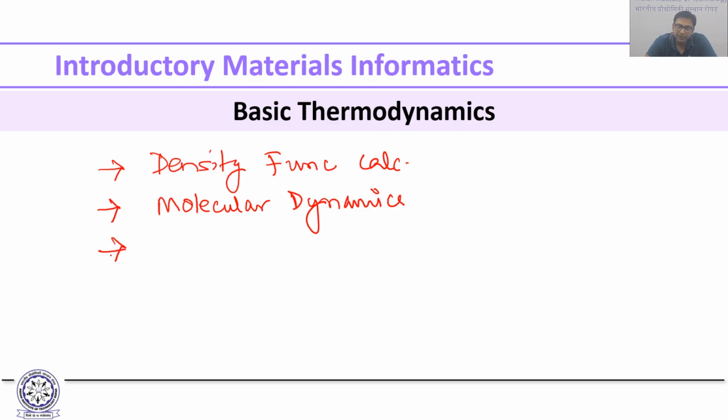So the fast approach to this is to start working with basic thermodynamics. When I say basic thermodynamics, there are a bunch of models like the Miedema model, or there are other, relatively more sophisticated thermodynamic formalisms like the CALPHAD method, with which one can start calculating the Gibbs free energy.